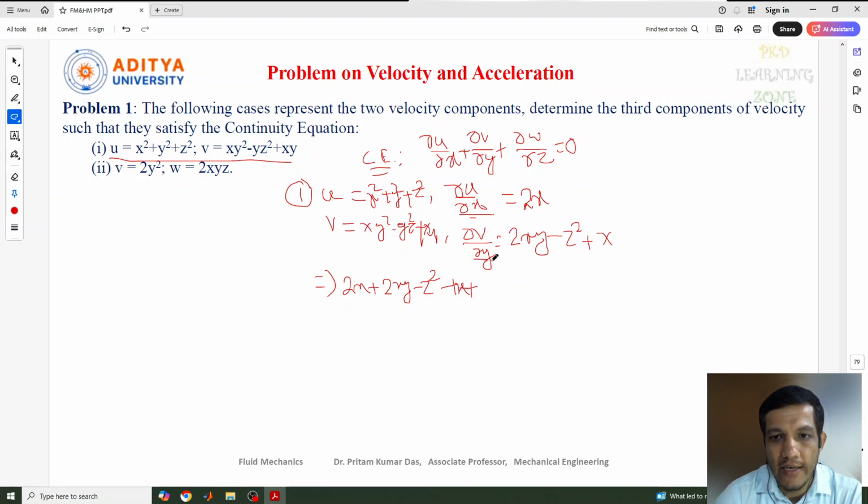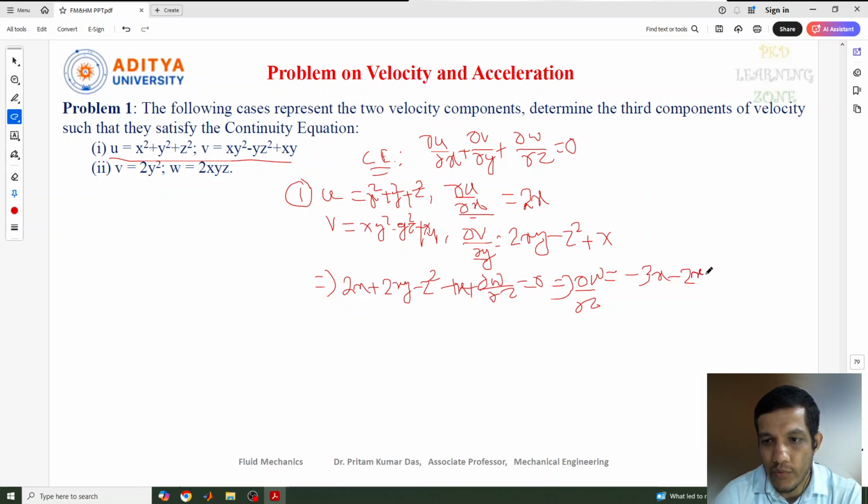And for del w by del z, we write del w by del z equal to 0 as usual. So keeping del w by del z on one side and taking the other terms to the other side: 2x plus x is 3x, and taken to the right-hand side it becomes minus 3x. Then the plus 2xy becomes minus 2xy, and the minus z square becomes plus z square. So this is the value of del w by del z.